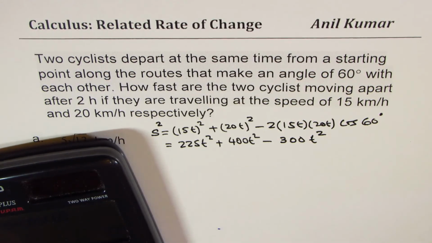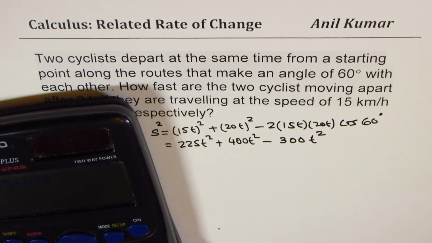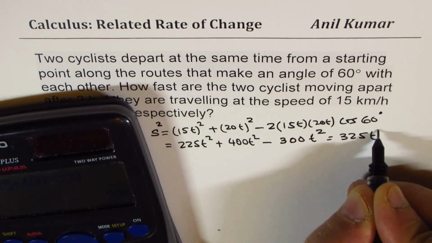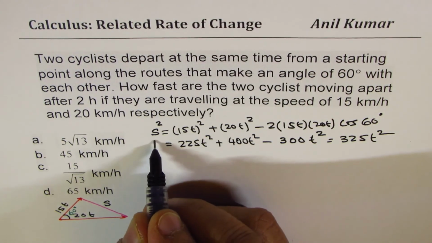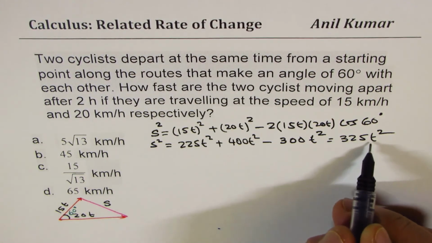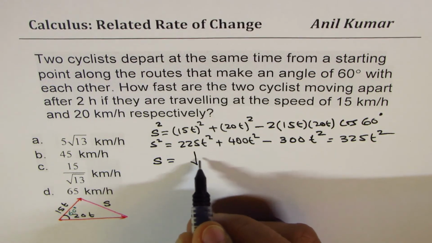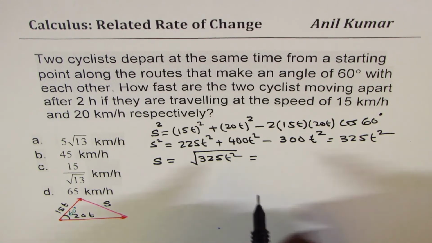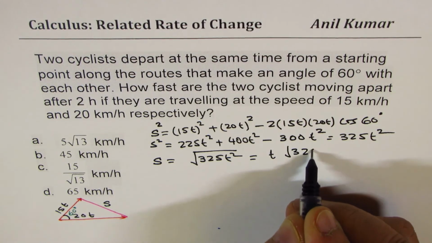So combining these terms, which is 225 plus 400 minus 300 equals 325 t square, correct? So S square is equal to 325 t square, so we can write what S is equal to. So S is equal to square root of 325 t square, which is t times square root of 325, correct?